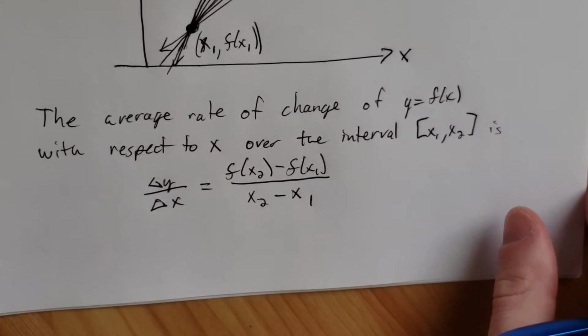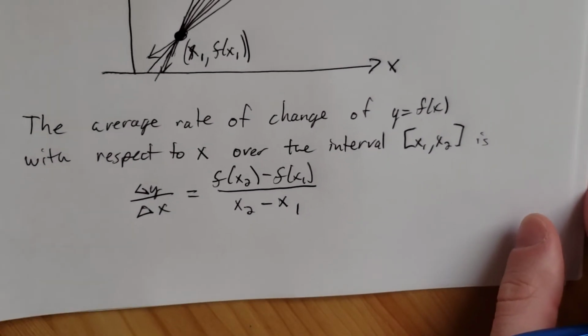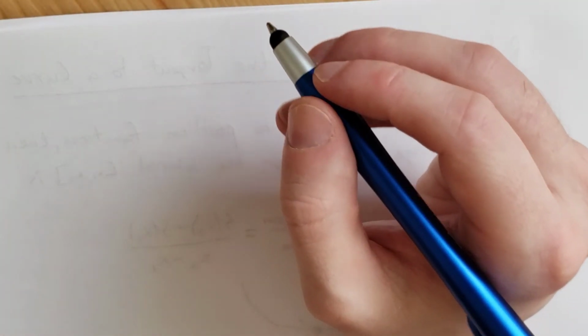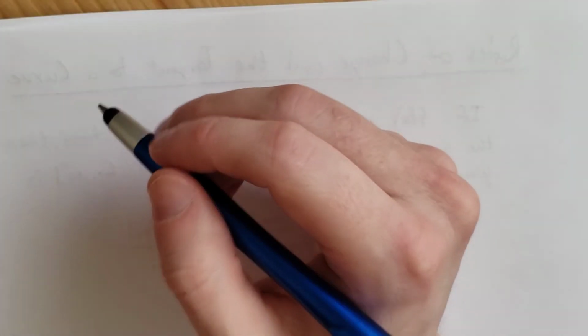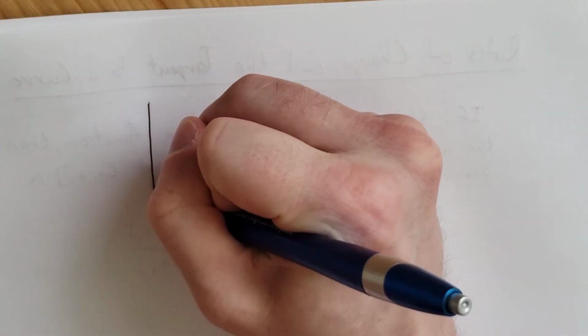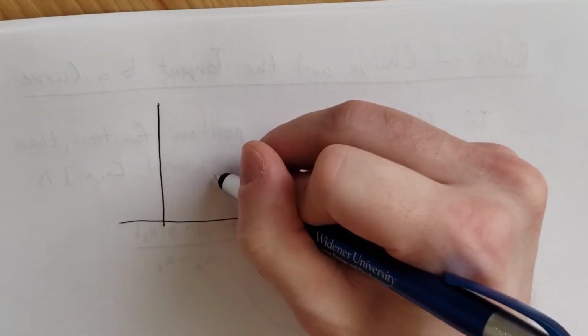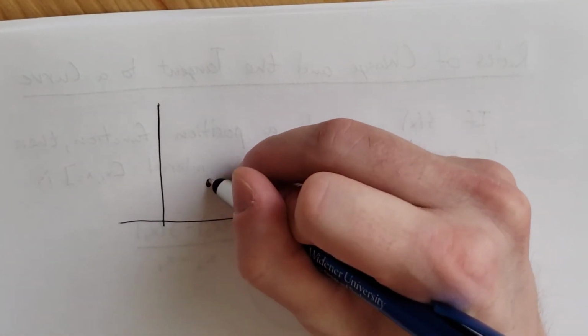So I want to write that out a little bit more carefully on another picture. And then we'll be able to get a formula for our instantaneous velocity or an instantaneous rate of change. So let's draw out that same picture.